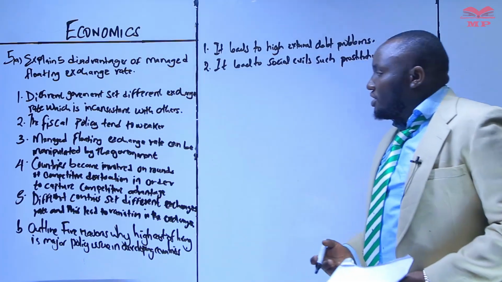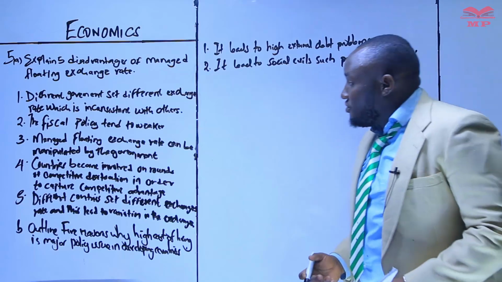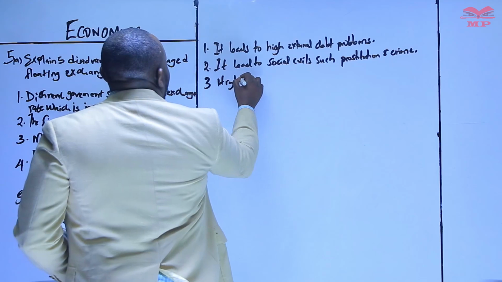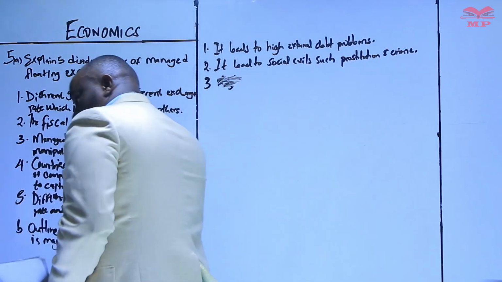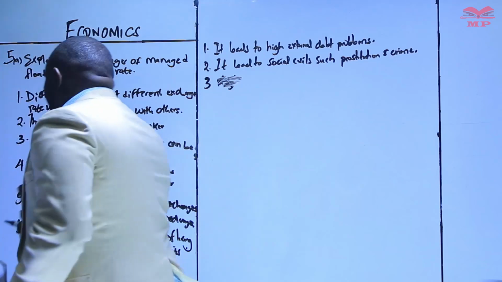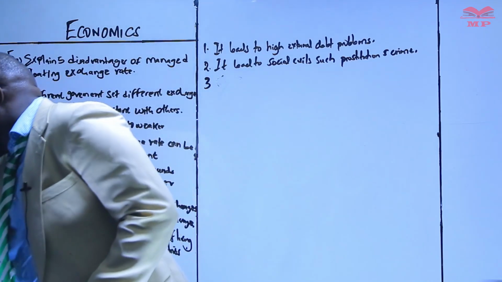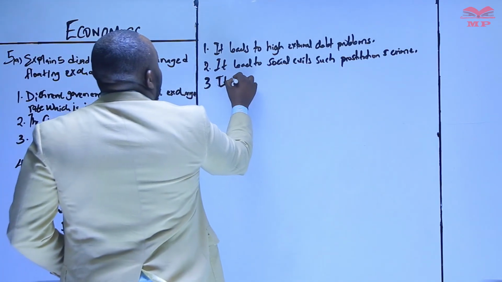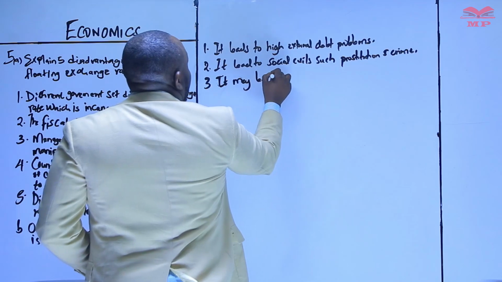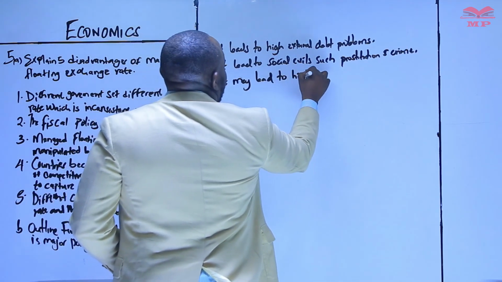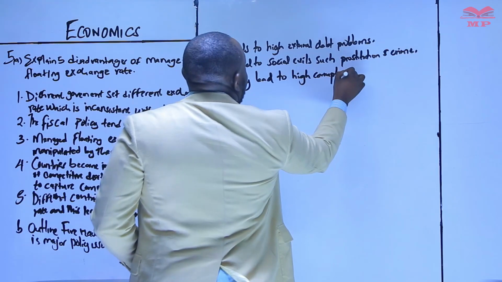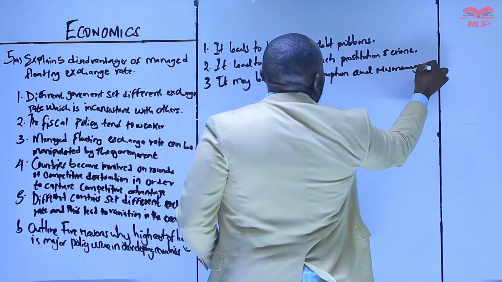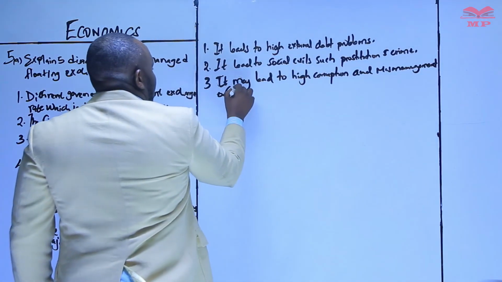Again, when you talk about high cost of living, it can lead to massive corruption. It may lead to high corruption and mismanagement of resources.